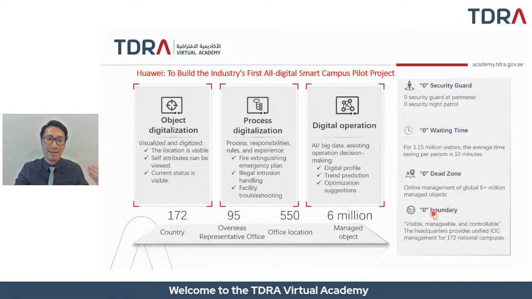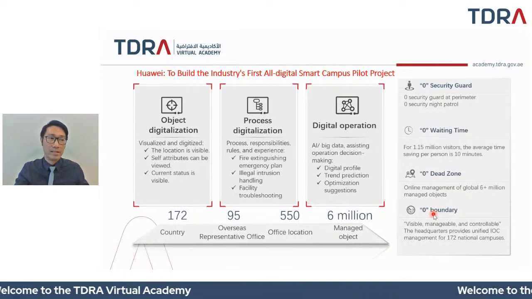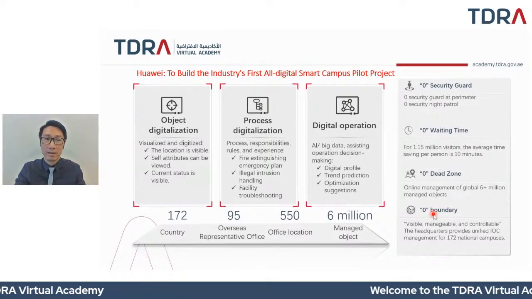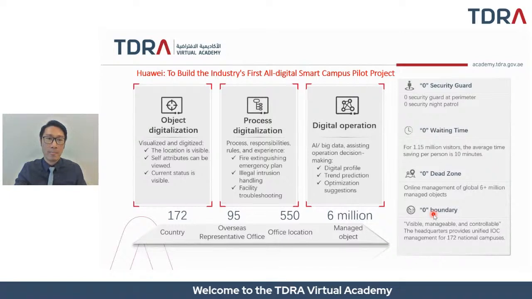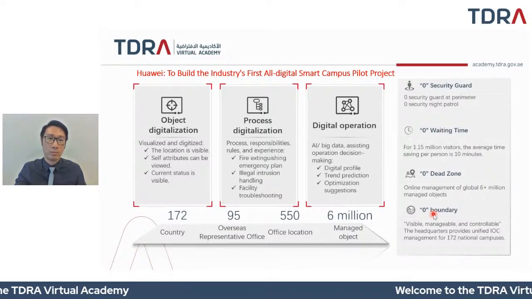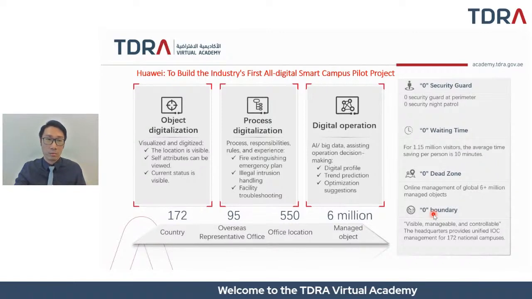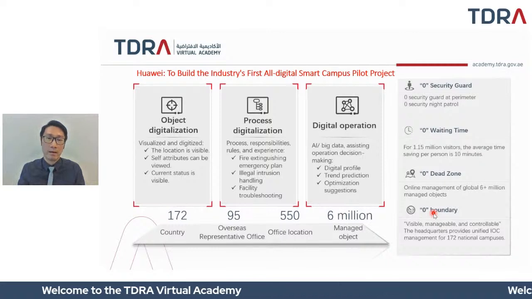Basically, I can now access a platform and see the campus status in China. I can see the registration of the visitors. Are they able to register? Or if I want to go to the campus tomorrow, I can register myself first. So I can have no boundary.